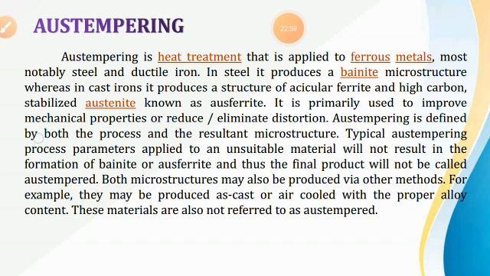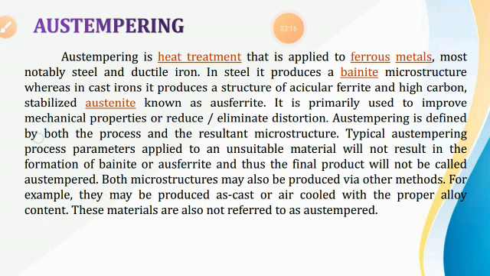In steel, austempering produces a bainite microstructure, whereas in cast iron, it produces a structure of acicular ferrite and high carbon stabilized austenite known as ausferrite.